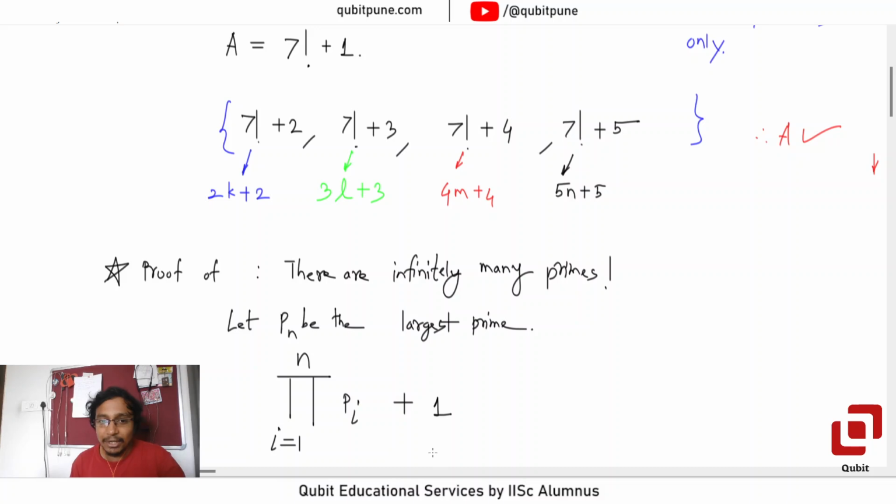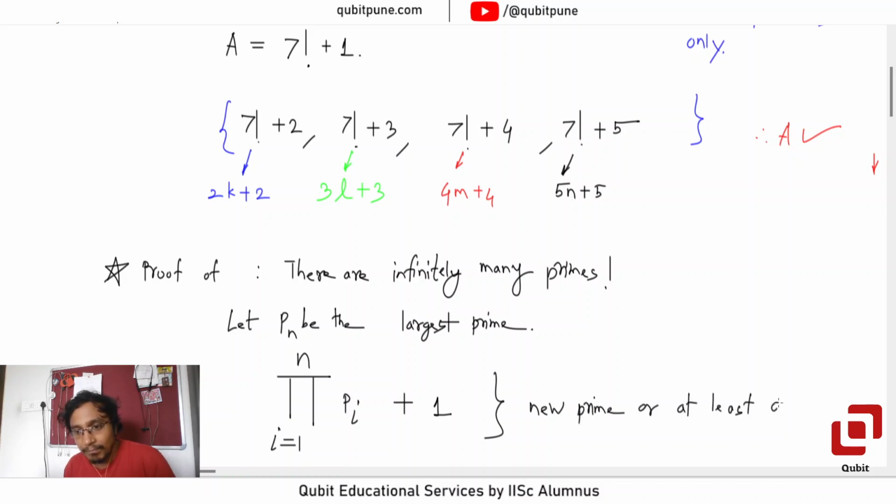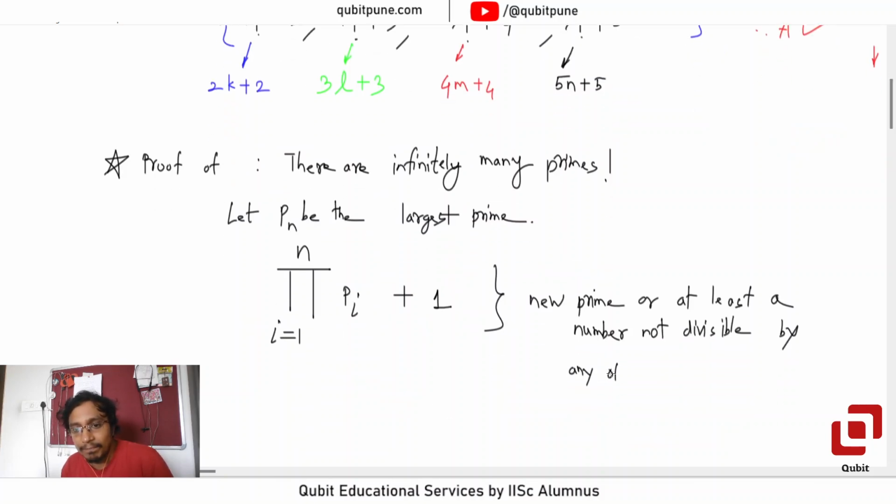Now this number is neither divisible by 2 nor by 3 nor by 5 nor by any other prime, because for it to be divisible by 2 we must add 2, for it to be divisible by 3 we must add 3, for it to be divisible by 5 we must add 5. So because we add 1, we can say this is a new prime, or at least a number not divisible by any of the primes from P1 to Pn.